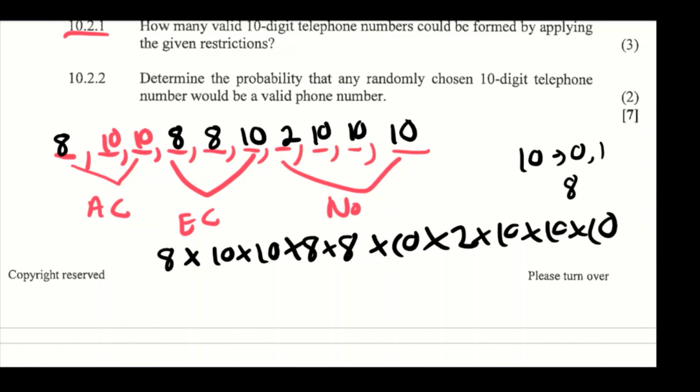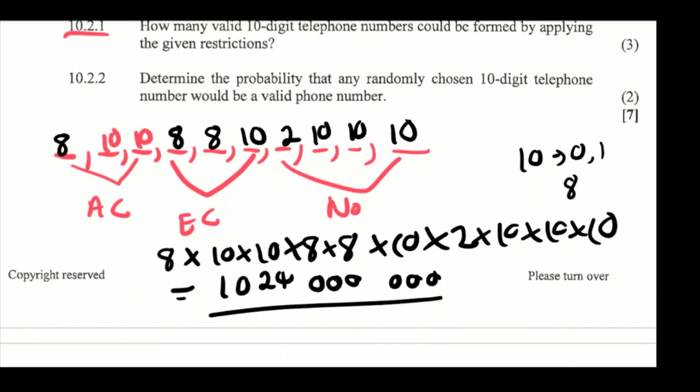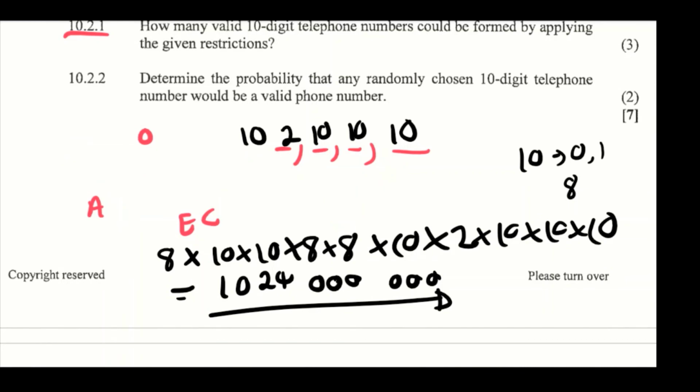So let me punch this into my calculator just to confirm the answer. The answer will be 1024000000, right? So this is the answer for 10.1. Let me erase here.